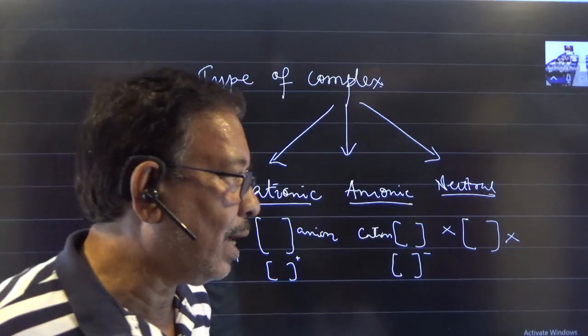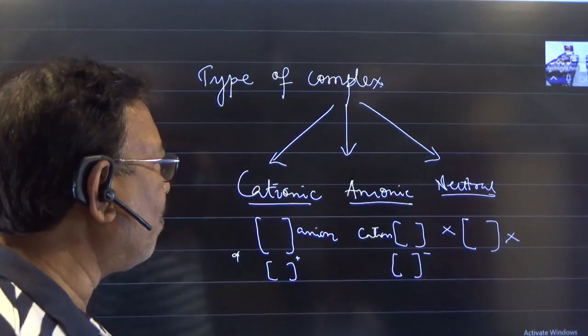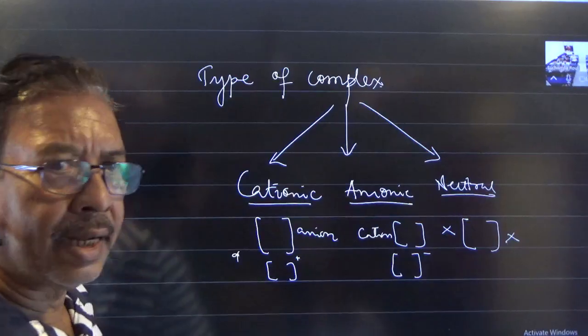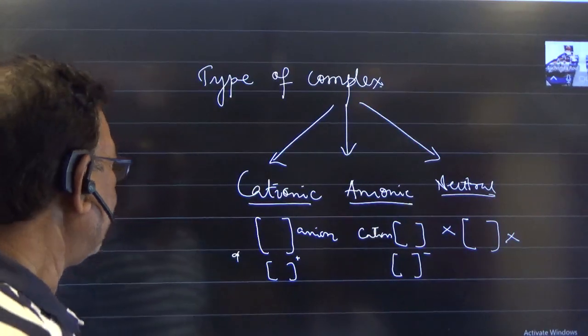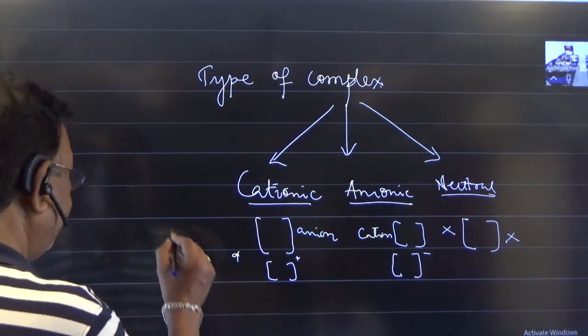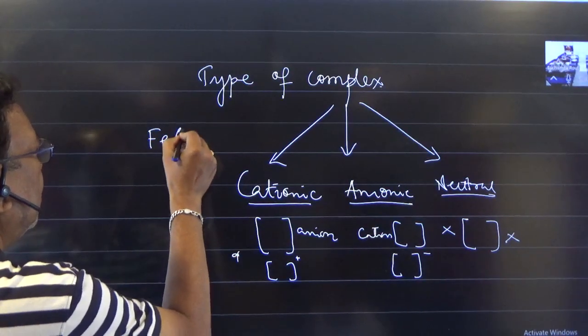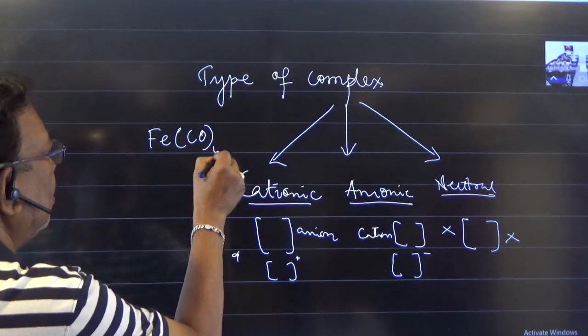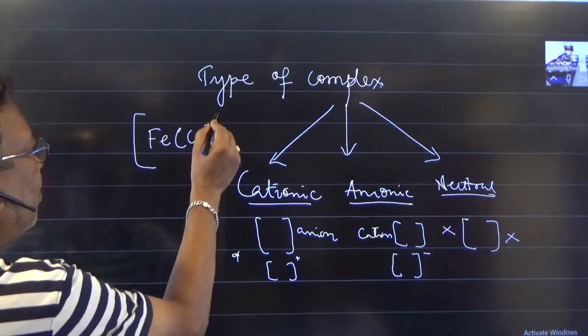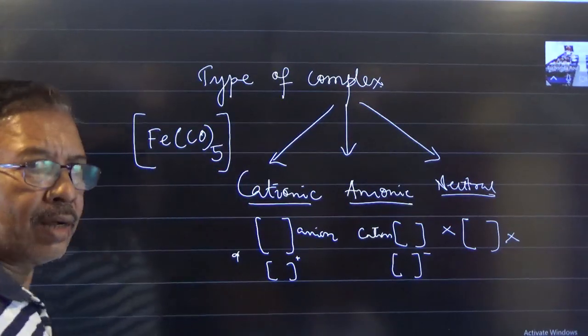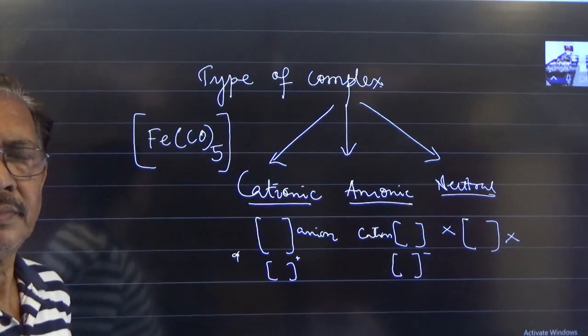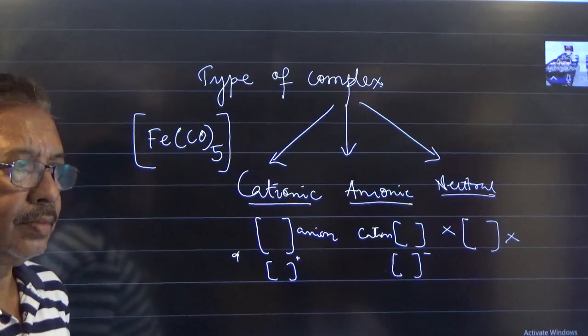Can you recognize, I am writing some complexes, whether it is cationic or anionic or neutral? Say for example, tell me, which type of complex is this one? Neutral.